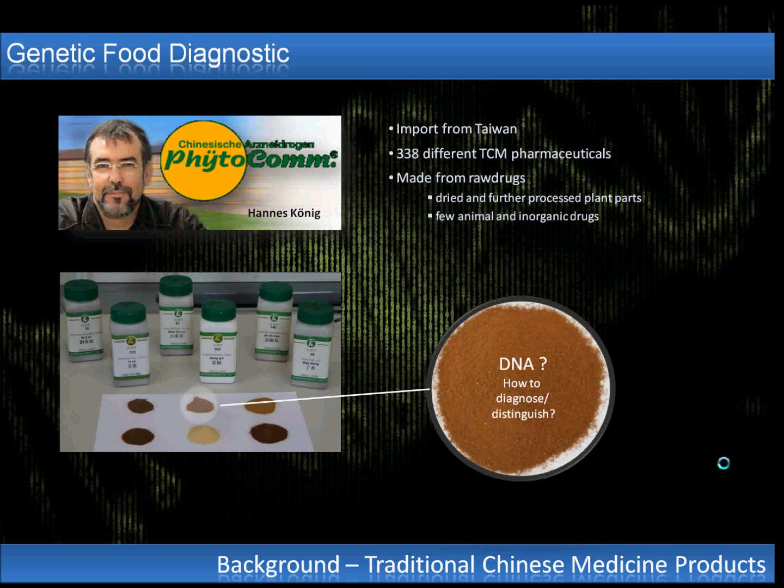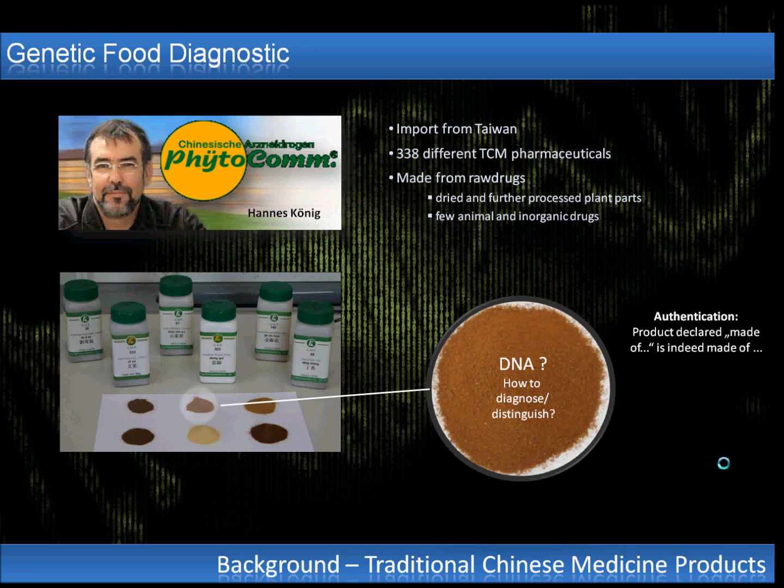The company is of course interested in if there's DNA still inside these granules, and for me the question then is how to make a diagnosis to distinguish between these granules and their components. And for the company this is of interest because of authentication.